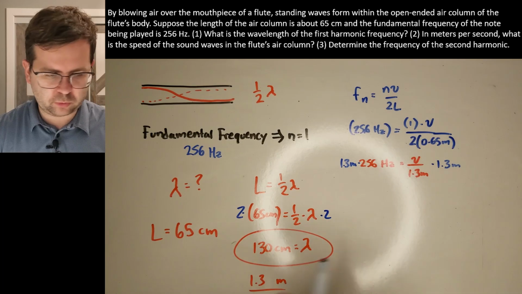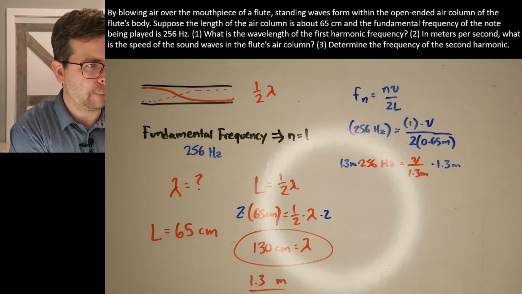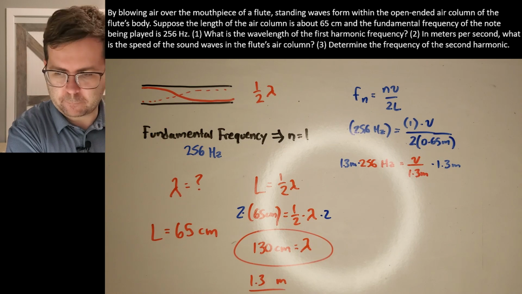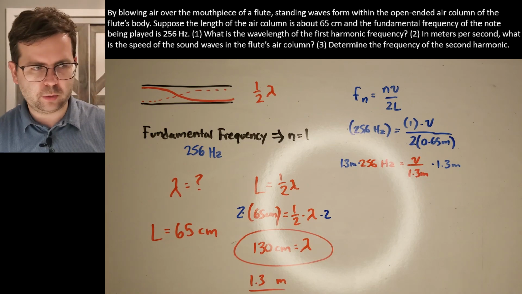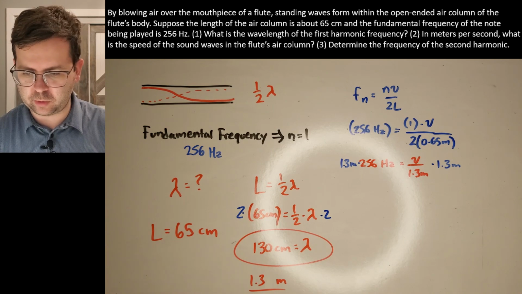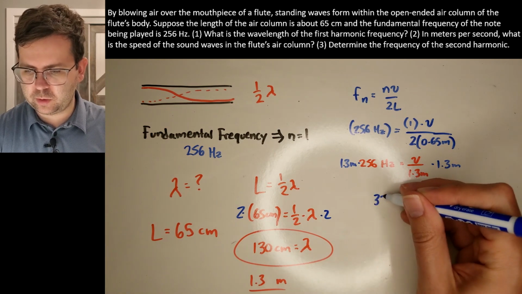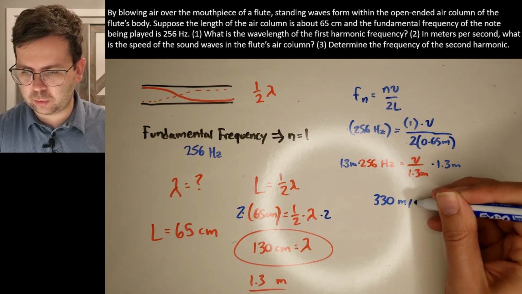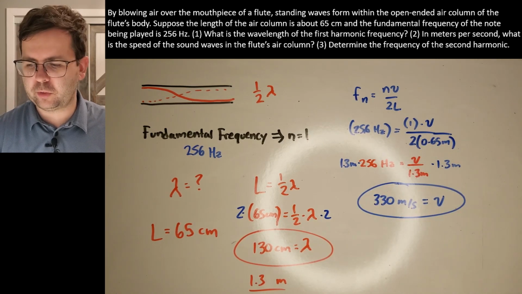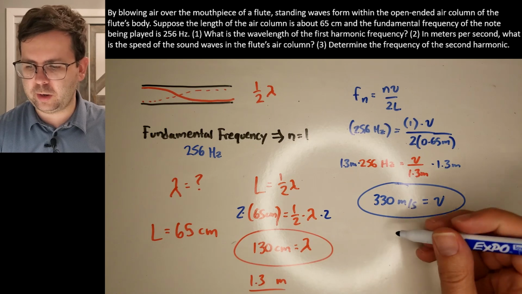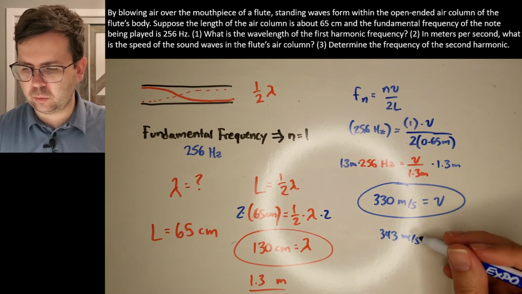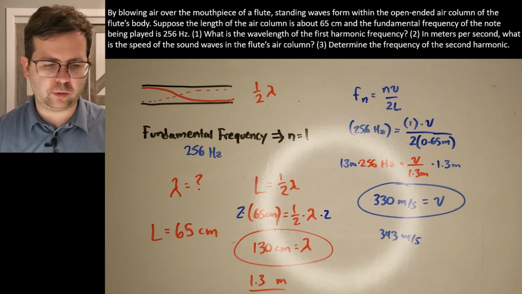And that will give us an answer of 332, but I'm going to round that to 330. So 330 meters per second. This is a pretty reasonable answer because the speed of sound in air is 343 meters per second. And so it's pretty close to that value there.